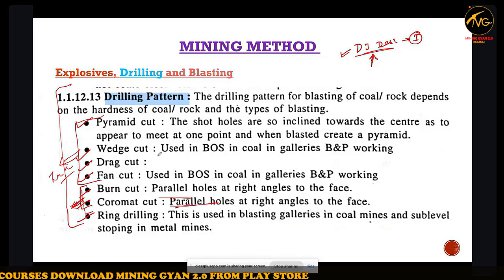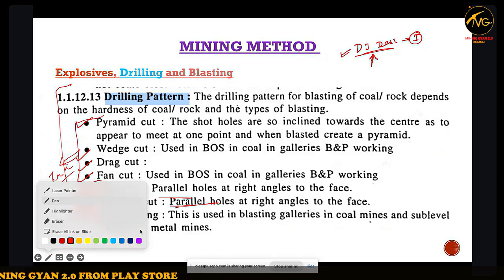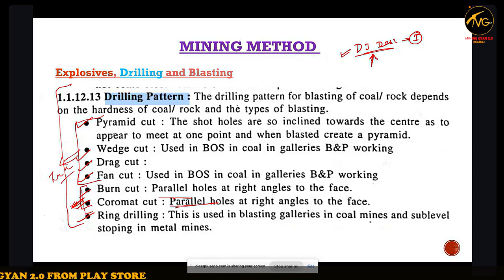You should mug up or you should know this fact. In these 3-4 things the hole can be inclined hole, but in burn cut and coromant cut it is parallel hole. ठीक है.